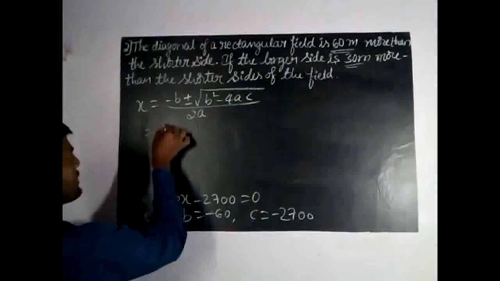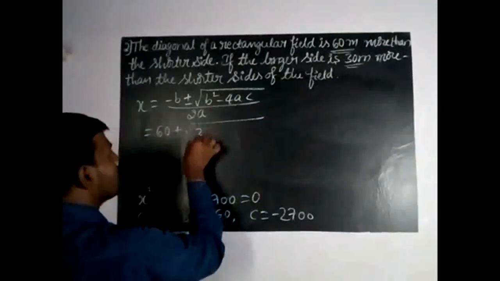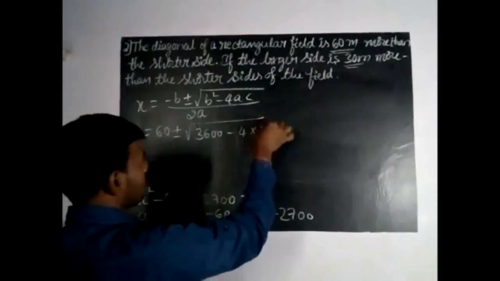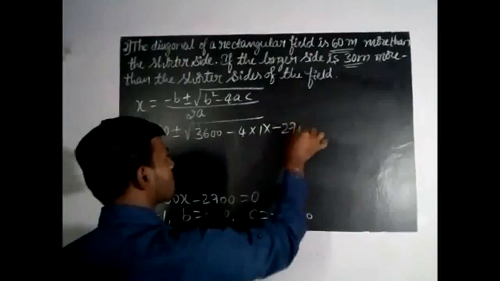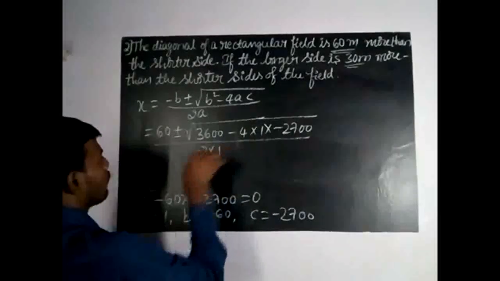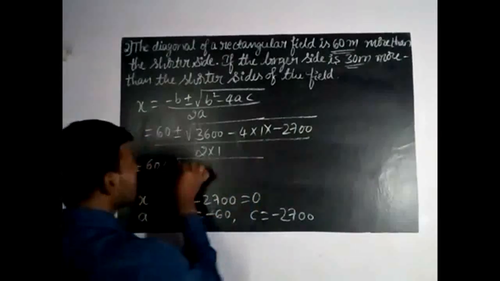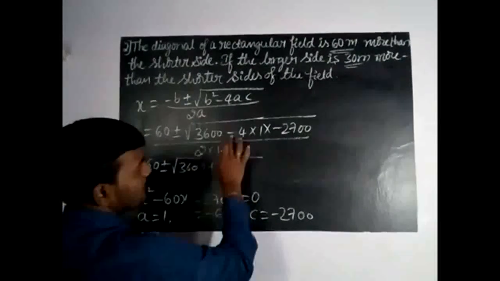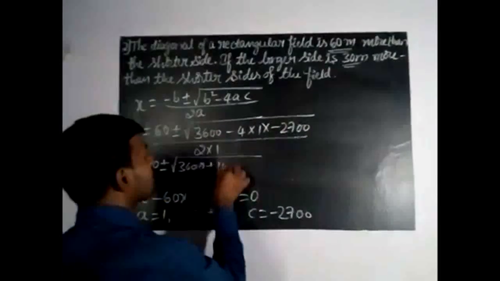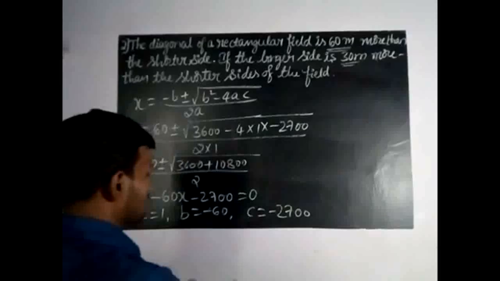Minus b means minus into minus, it becomes plus 60, plus or minus root of b square, that is 3600, minus 4 into a, which is 1, into c, which is minus 2700, all divided by 2 into 1. Now simplify it. 60 plus or minus root of 3600 plus 4 into 2700, that is 10,800, divided by 2.